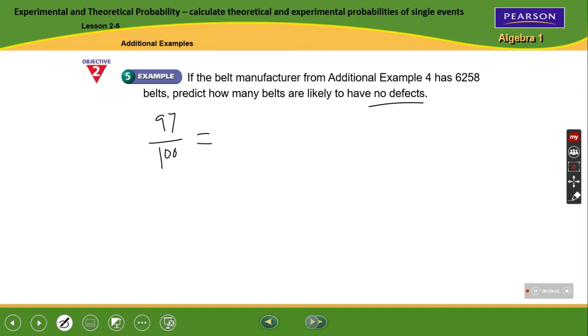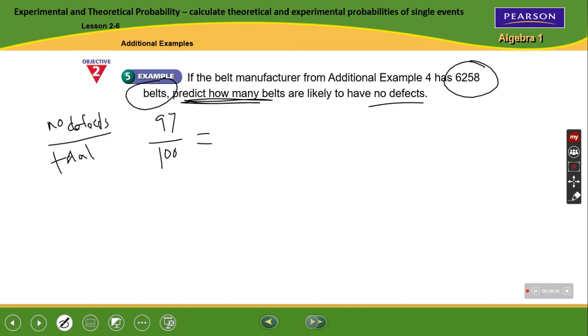If we know 97 out of 100 have no defects, and now we're looking at 6,258 total belts, we want to predict how many are likely to have no defects. So we're going to set up 97 over 100, no defects over total.